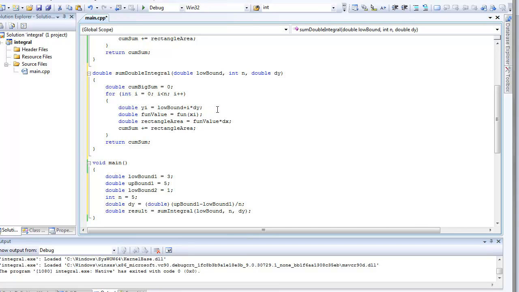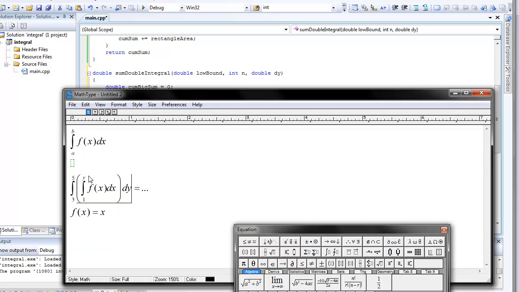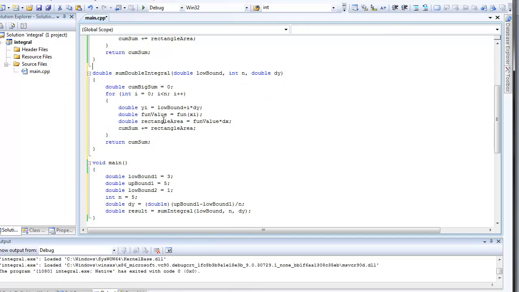Let me think. We take this one, and this one will actually determine the upper bound. So yi in each loop will stand here. So we will be summing from 1 to yi.